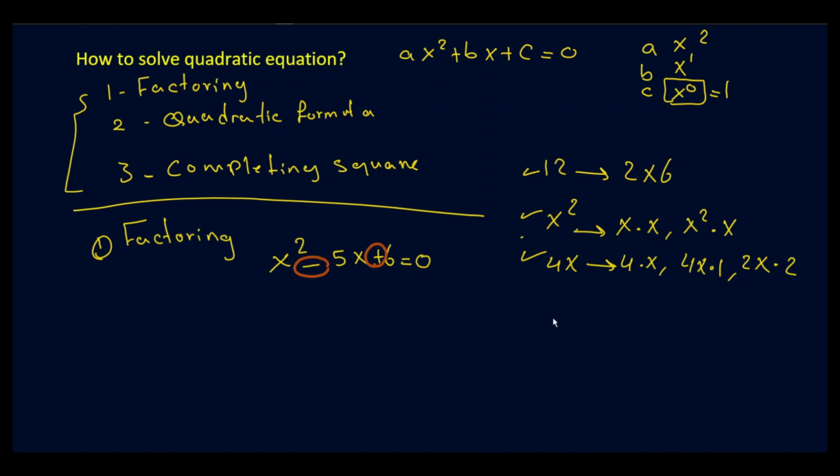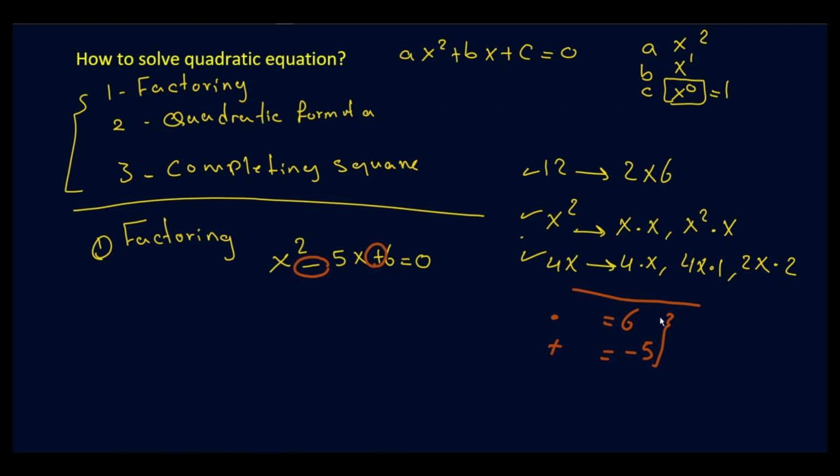So first, what do we need? We need 2 things. If you multiply them together, the result will give us 6. And the same 2 things, if we add them together, will give us negative 5. Okay? So I need the result for multiplication to be positive 6, but the result for adding will be negative 5. And in order to get such a thing, we're gonna need 2 identical signs.